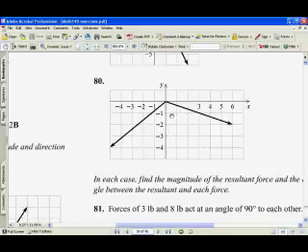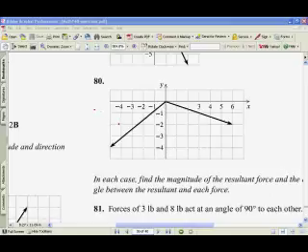And let's first get the component form of these two vectors. We call this vector A. And its component form, let's see, is negative 5 and then negative 4. So vector A is equal to negative 5 and negative 4.